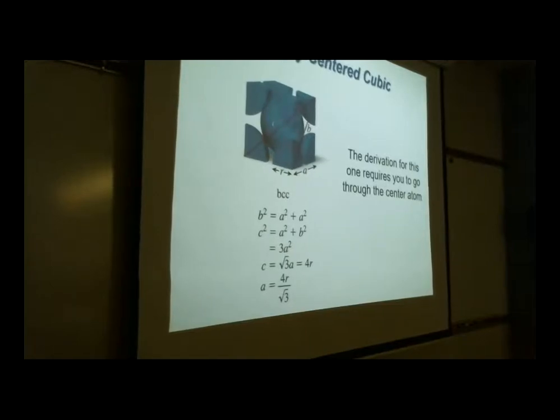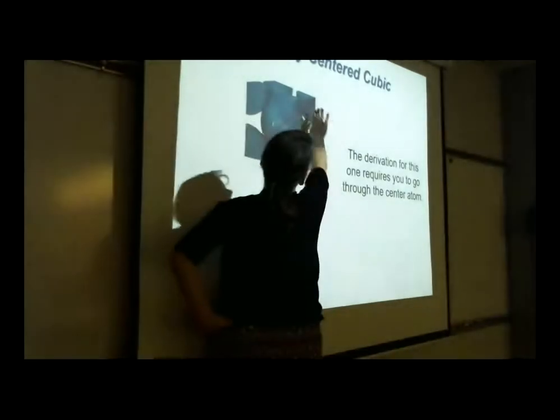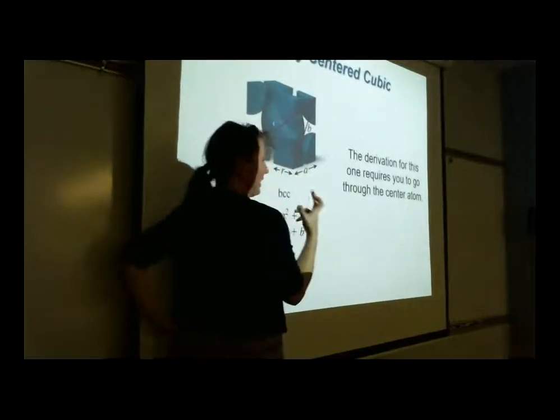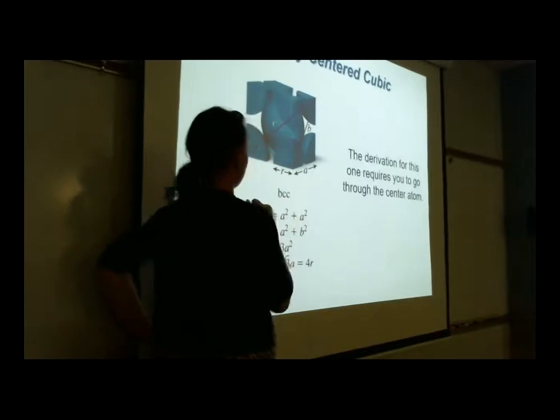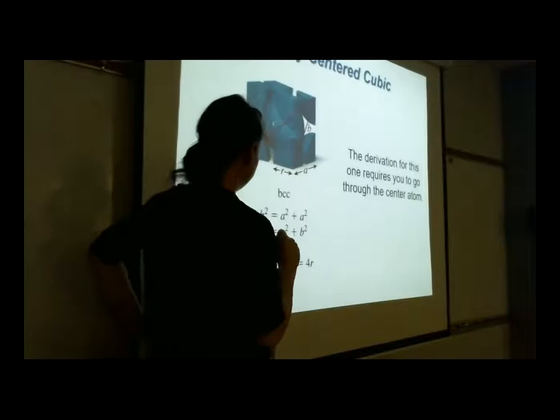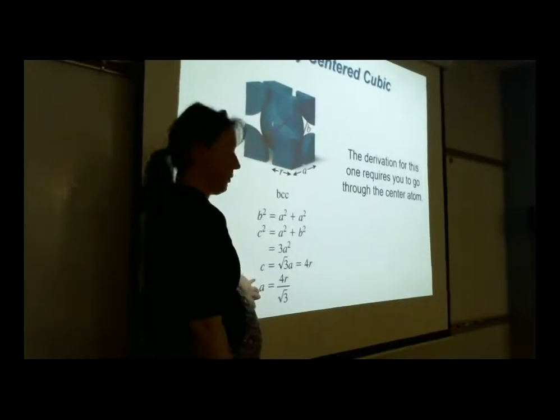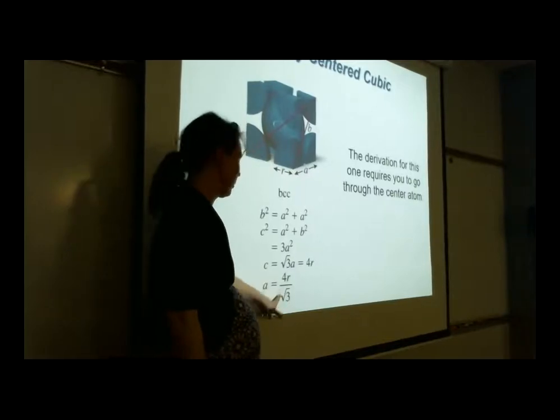And then for body-centered cubic, again, we're going to be using the Pythagorean theorem. I won't make you go through the derivation. It's not nasty, but just so you know where it's coming from. You're going through the center atom, and you actually have to break it into 2 triangles and use one triangle as the hypotenuse of the other. I'm not going to make you derive where these things come from. But here's the relationship. That's what matters. A is equal to 4R divided by the square root of 3.